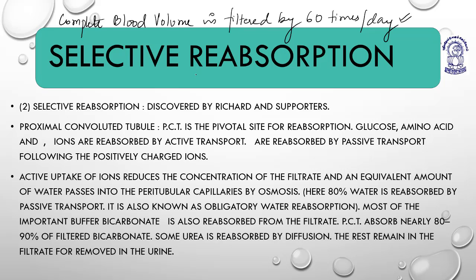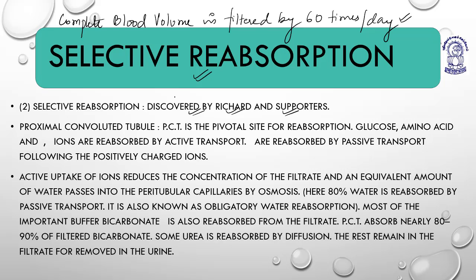Now the selective reabsorption. The process of selective reabsorption is also known as the tubular reabsorption. Okay. It was discovered by Richard and the supporters. There are different parts of the nephron which basically have their affinity towards the threshold values of different substances.